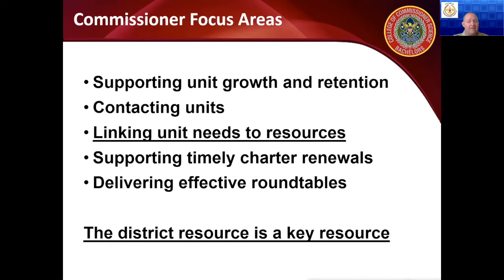Focus area number 3 is linking unit needs to resources, and these resources can include publications, web pages, etc. But today we're focusing more on the district as a key resource for supporting our units.